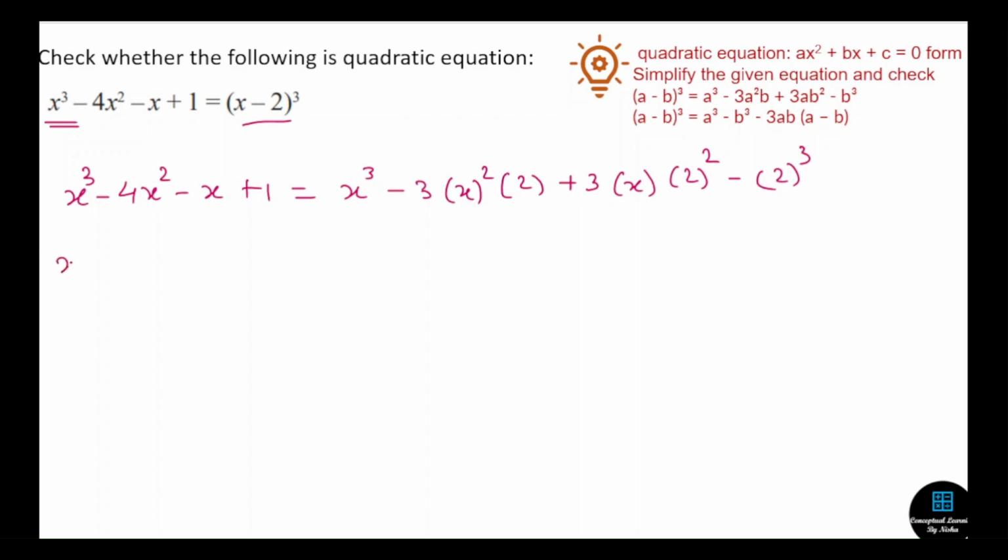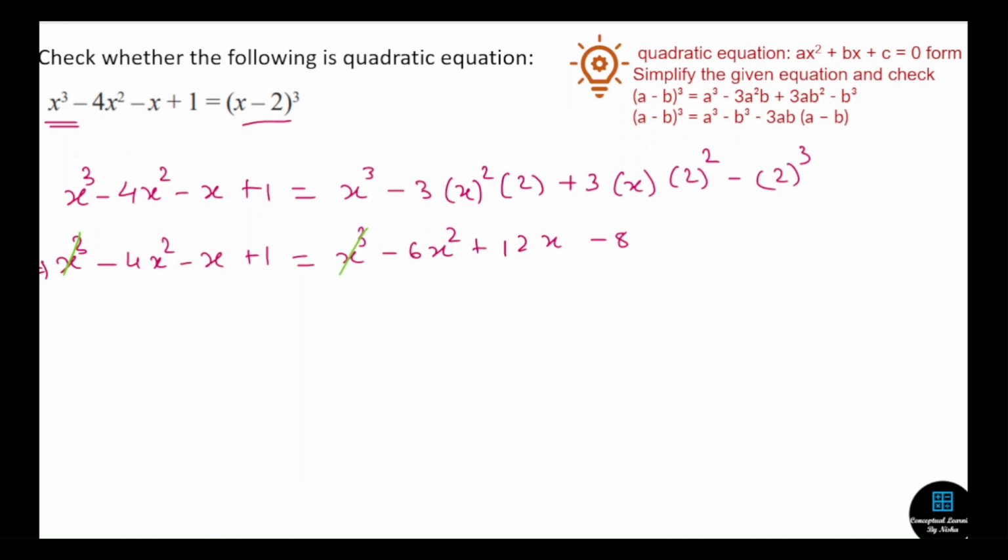Now let's simplify this. So what do we get? x³ − 4x² − x + 1 = x³ − 6x² + 12x − 8.